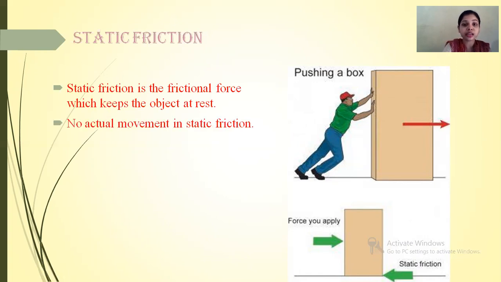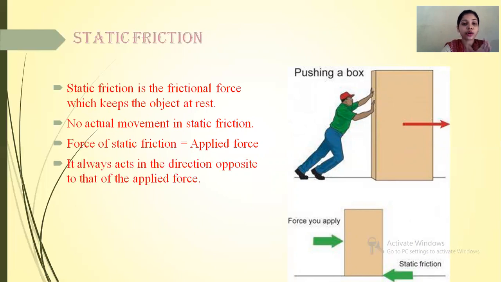It is a self-adjusting force, meaning it balances whatever force you apply. The static friction and the applied force are balanced, and the body is not able to move further. So there is no actual movement of the object. The force of static friction is always equal to the applied force, and when the condition is balanced, the body cannot move from its initial position.